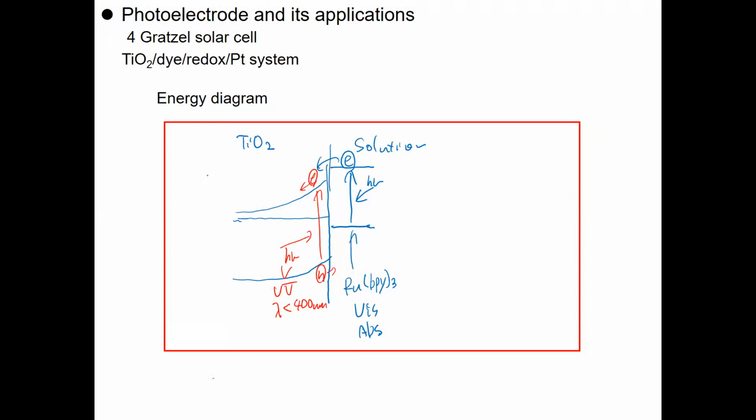And as the back contact to the wire, as I mentioned, it's going to be an ohmic contact. And it is connected to the platinum side, but as you mentioned, the Fermi level must be matched for platinum.